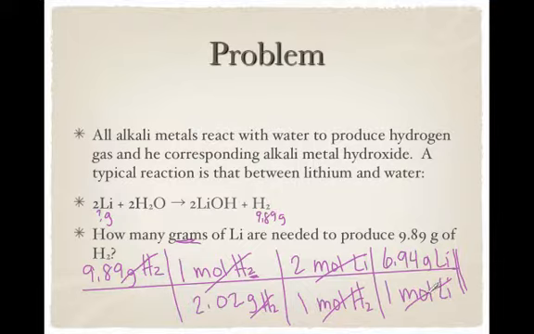So you take 9.89 times 2 times 6.94 and then divide by 2.02. And how much lithium do you get? 67.96?